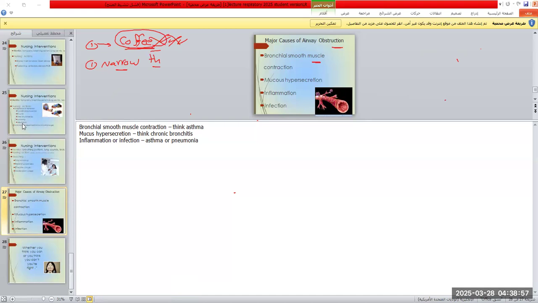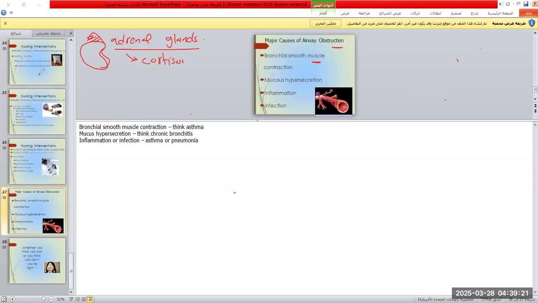Now let's move to our last choice, which is cortisone or glucocorticoids. It comes naturally from our adrenal glands, which secrete cortisone.